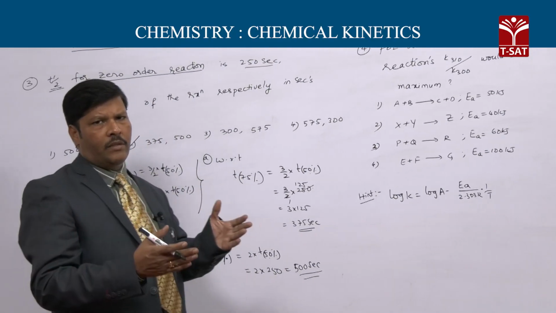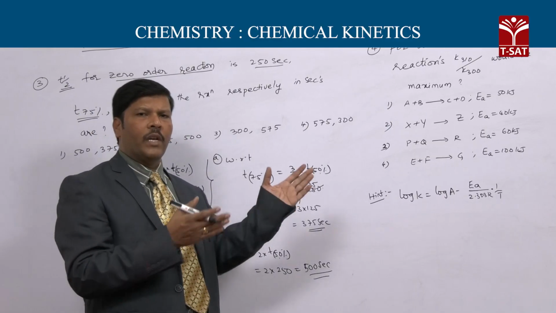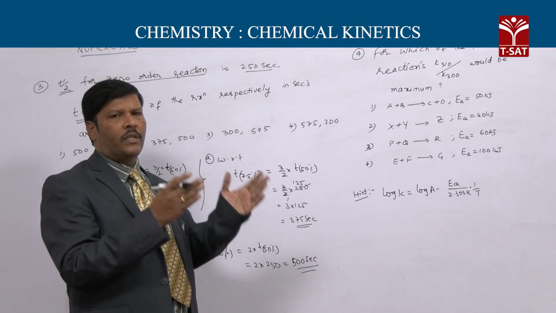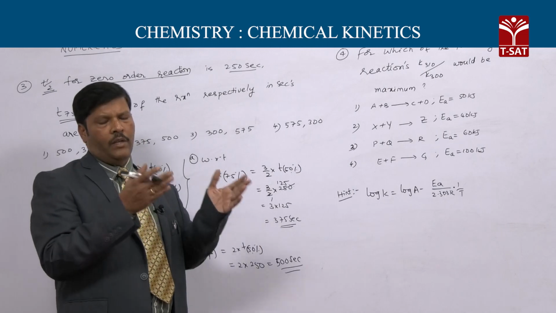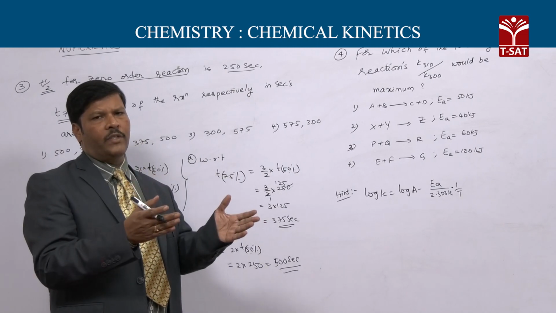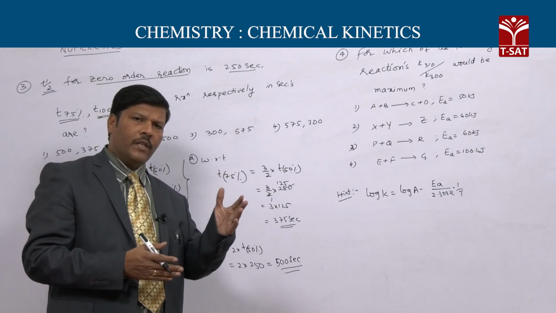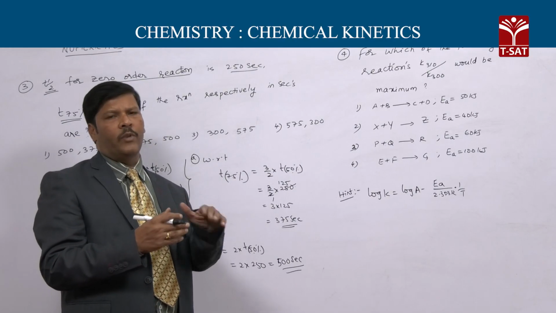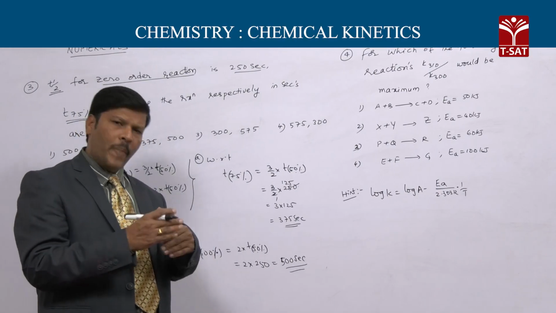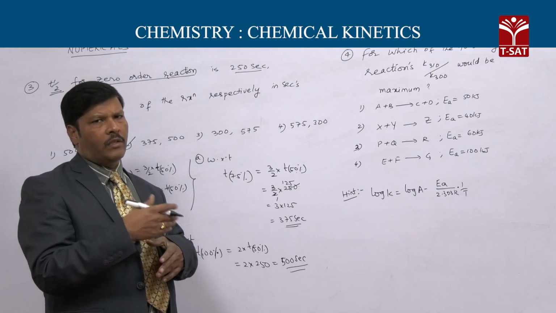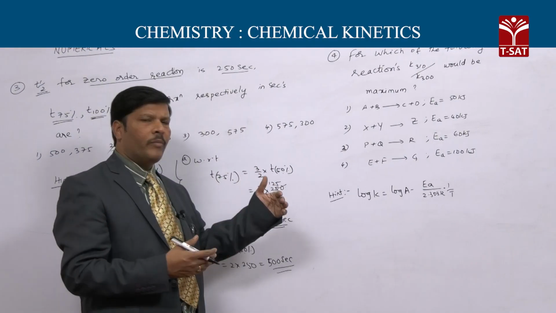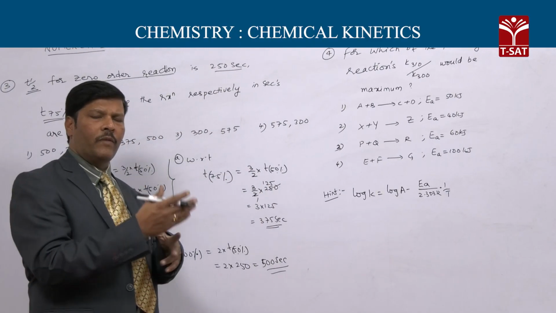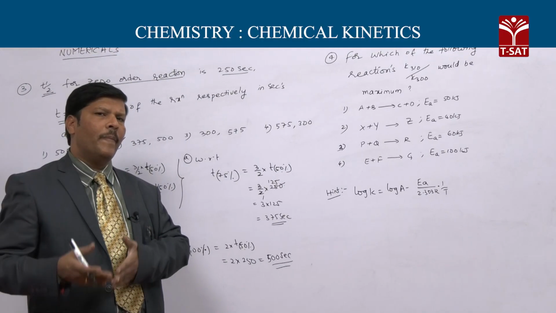So it is the activation energy term in the Arrhenius equation which has to register a decrease in its value. If the activation energy decreases, the rate of reaction gets doubled. So if the temperature increases, the rate of reaction increases. If the rate of reaction increases, activation energy has to decrease.